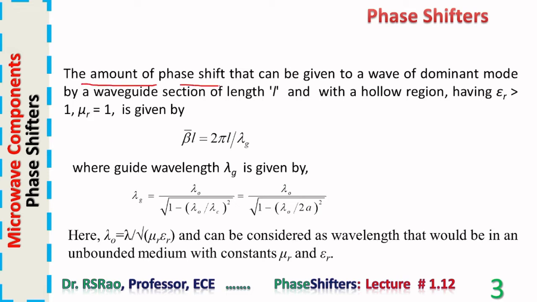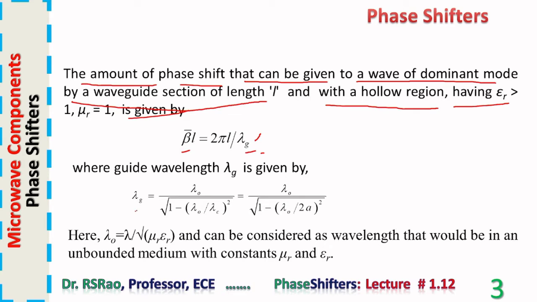The amount of phase shift that can be given to a wave of dominant mode by a waveguide section of length L with a hollow region having epsilon r more than 1, mu r more than 1 is given by beta hat L equal to 2 pi L by lambda g. Lambda g is guide wavelength.